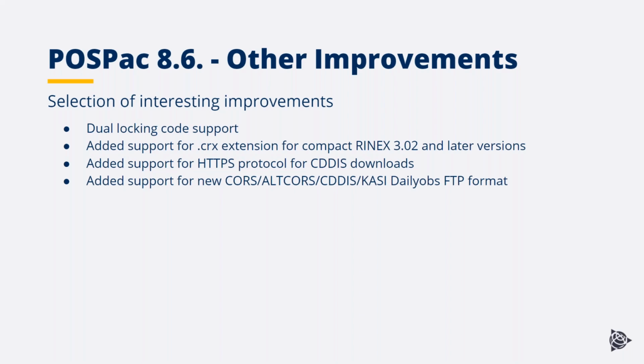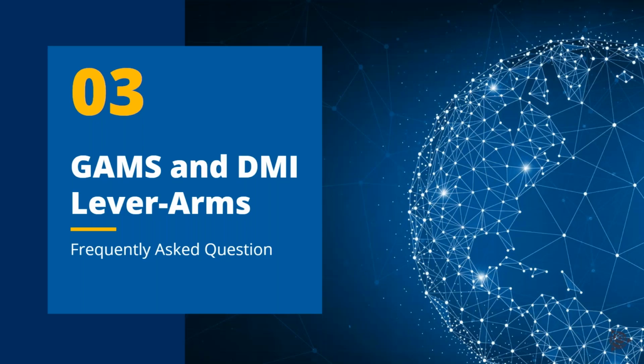This is because the provider of this data made some changes in the file transfer system, and POSPac has now been adjusted to those changes. So you can now easily download the data automatically without any workarounds. All right, that's about POSPac.